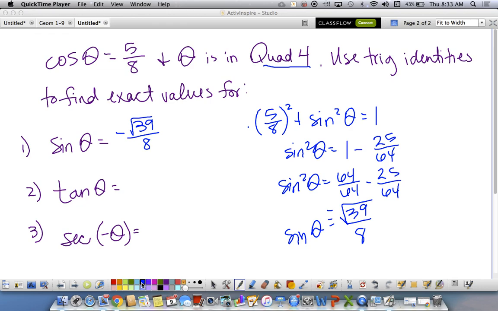Perfect. You could totally do it that way. Can I show you a different way to do it? Did anybody do it differently? The quotient identity, if you have sine and you have cosine, you can use that. They both work. And I didn't specify which one to do, so you could have used either one.